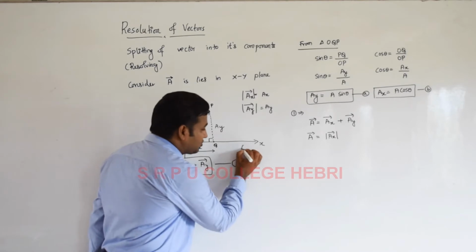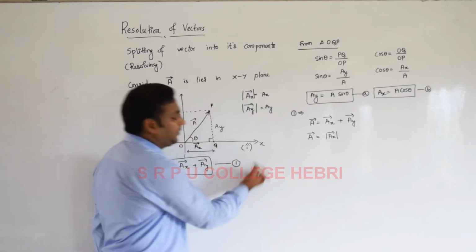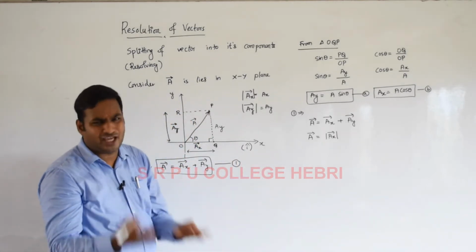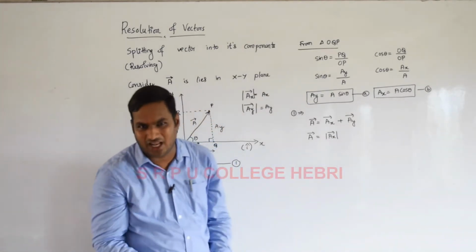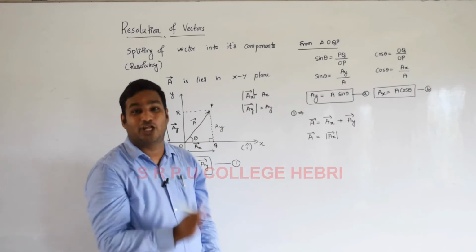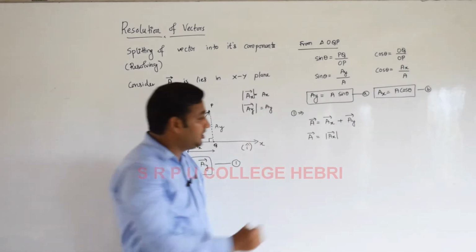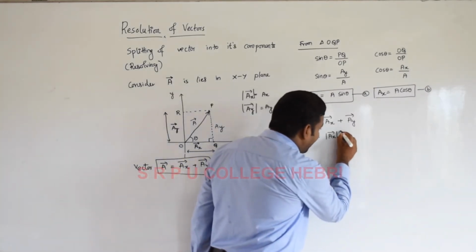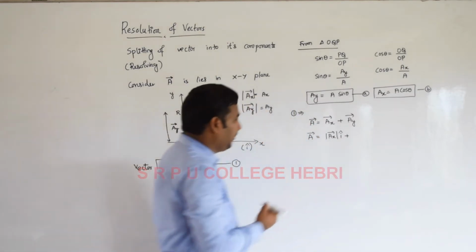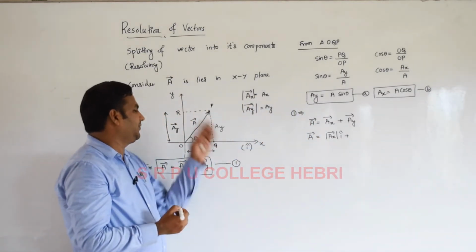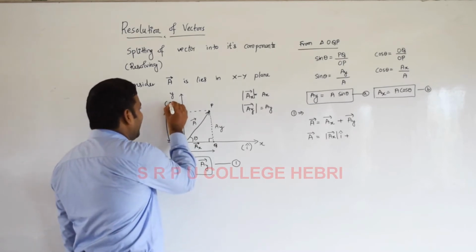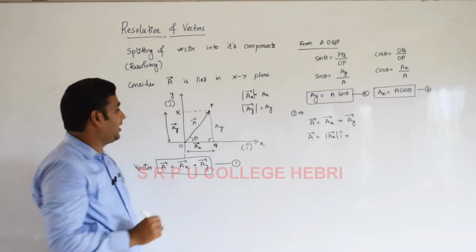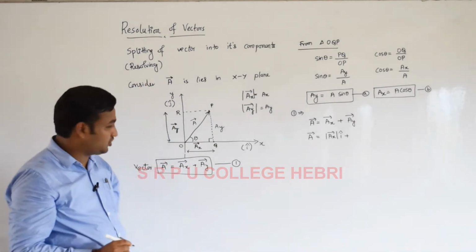Along x-axis direction is I cap, the unit vector. Its magnitude is 1, so multiplying by I cap does not change the value, but it provides a direction along X-axis. Plus AY vector is the projection made by vector A along y-axis. The unit vector along y-axis is J cap.